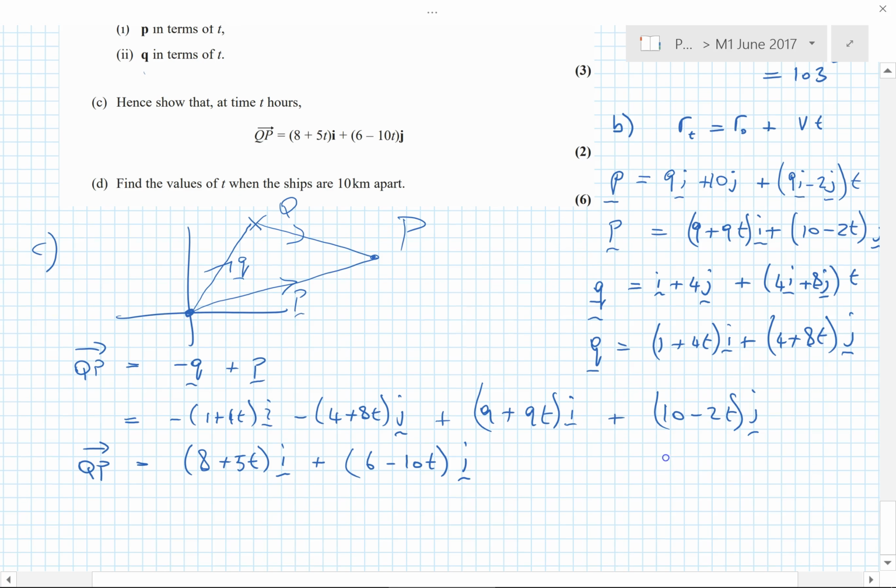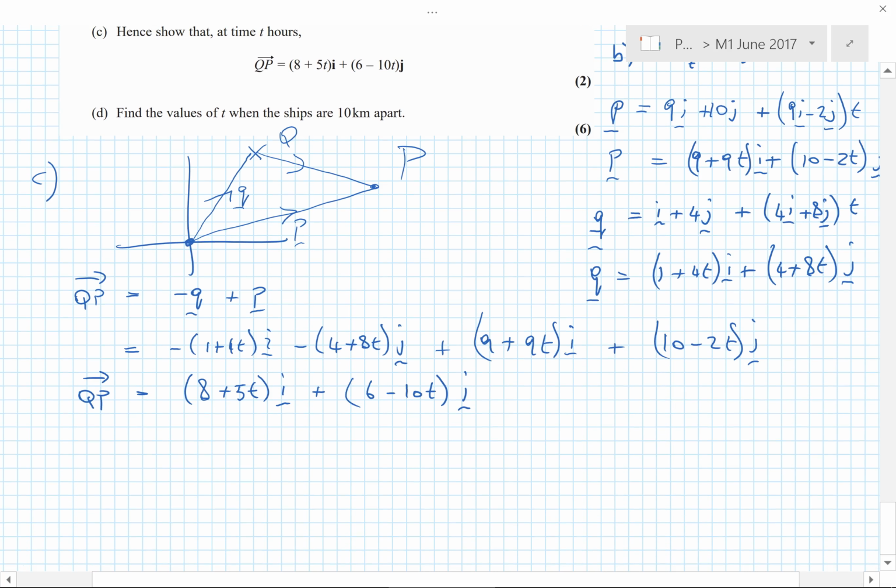Okay, so then it asks for the two times when they are 10 kilometers apart. So we basically want to find out the two times when this is true, when the distance is 10.